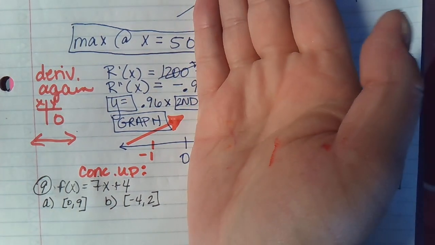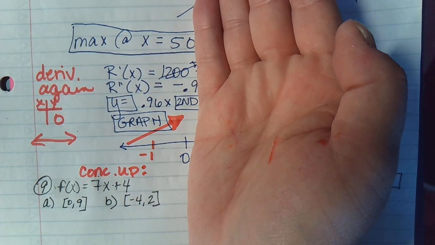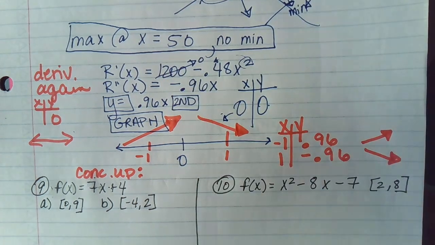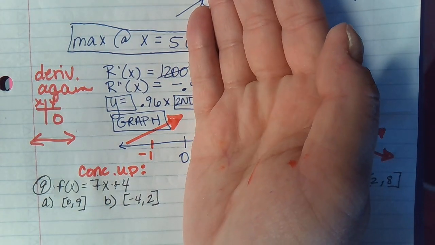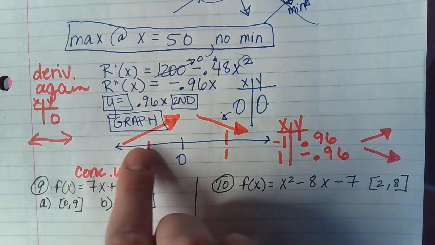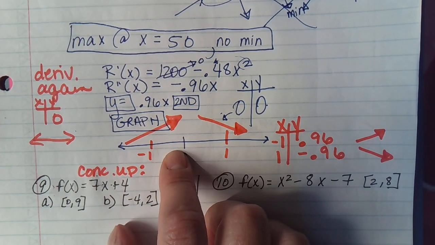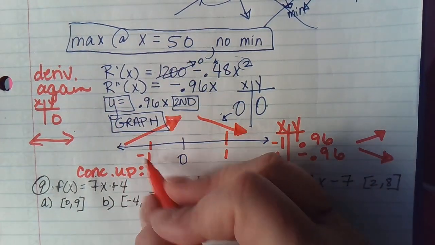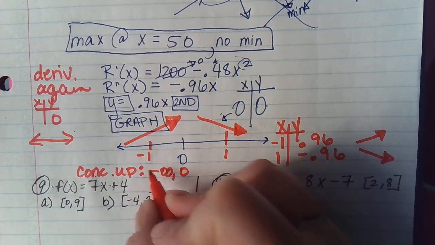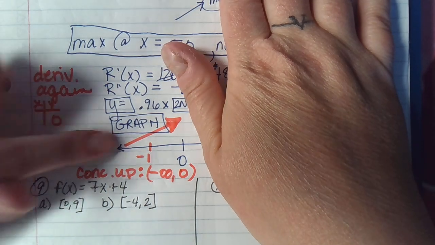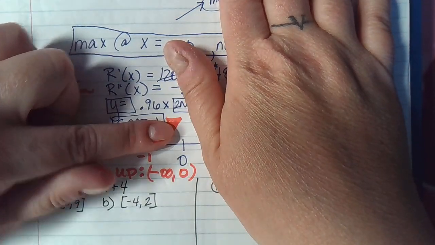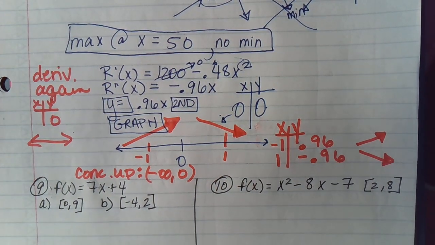Okay, so we know that concave up stops here. Concave up stops here, so all the way to 0. And usually we would say like negative infinity to 0 to describe that concave up from the left, negative infinity all the way to 0. But we can't do that this time.